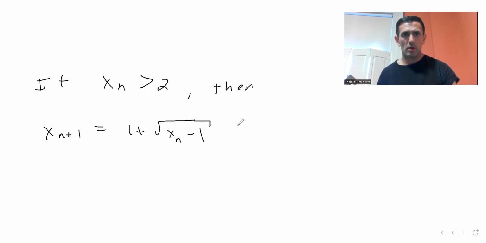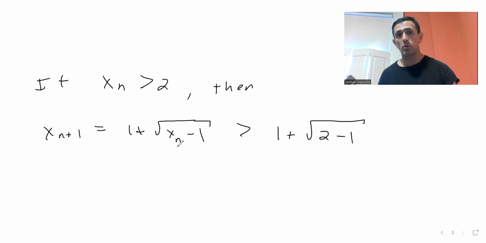This is bigger than 1 plus square root of 2 minus 1, because xn is bigger than 2. Well, this is equal to 1 plus 1, which is 2. So by induction, it's true for n, it's true for n plus 1. Okay, so let's see how this helps us.